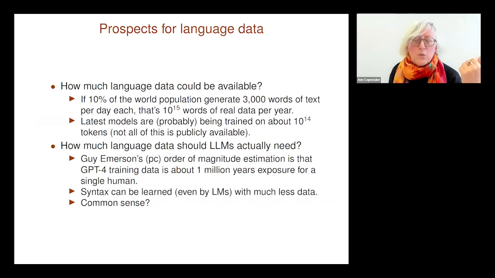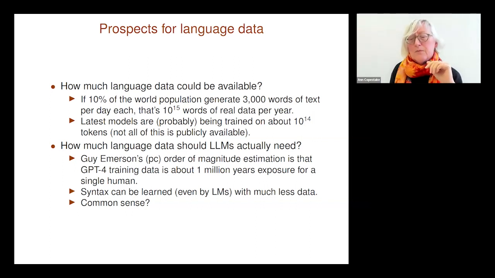If you've got 10% of the world population, say, generating 3,000 words of text per day each, which is a lot, that's 10 to the 15 words of real data a year. And that's a big number, but the latest LLMs are being trained on around 10 to the 14 tokens. This is basically data from the Common Crawl, which is the web data.